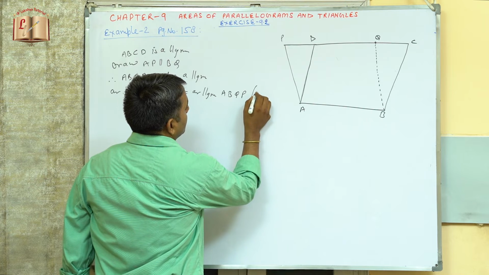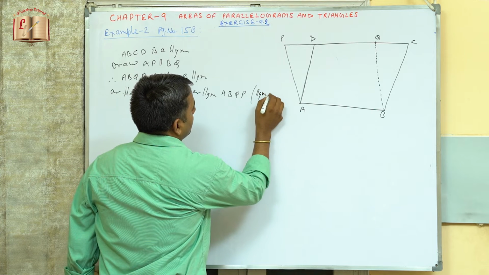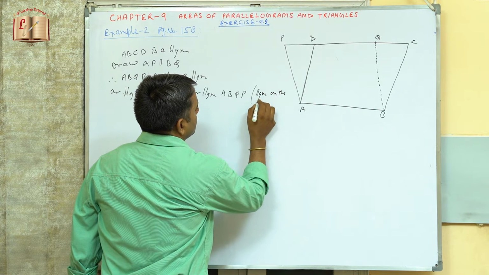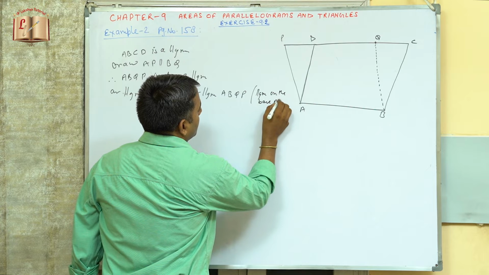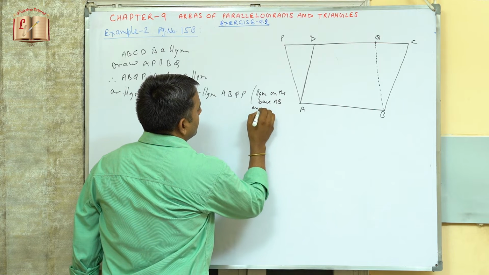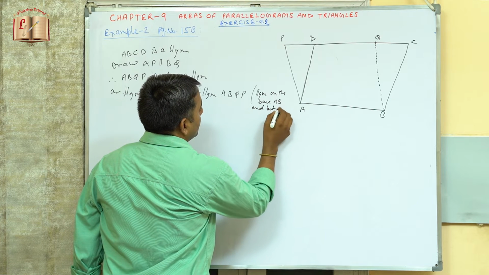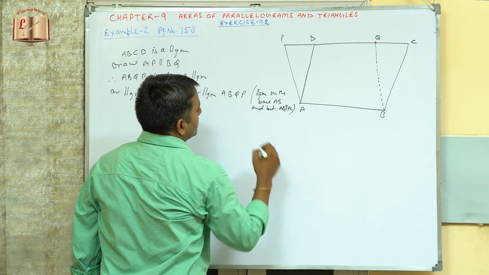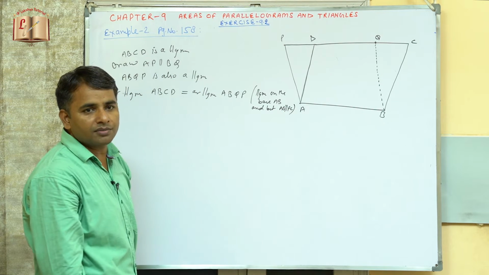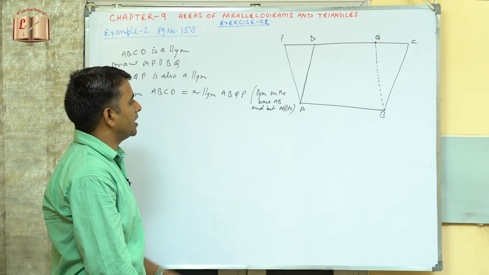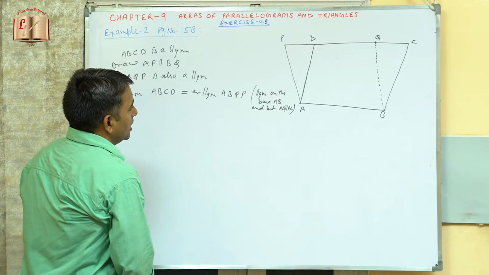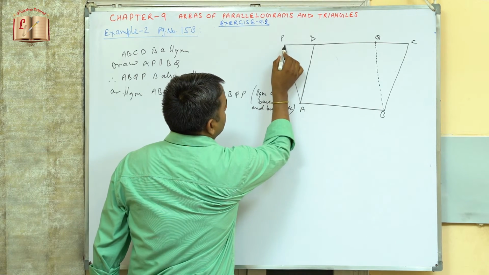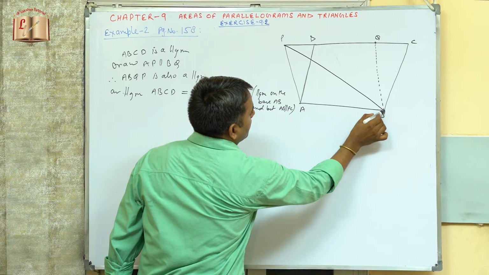We can write: parallelograms on the base AB and between the parallels AB and PC. So parallelograms on the same base and between the same parallels are equal in area. Now we'll join this diagonal PB.